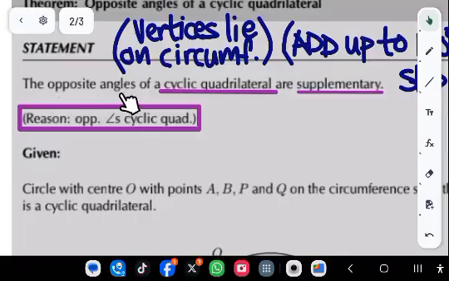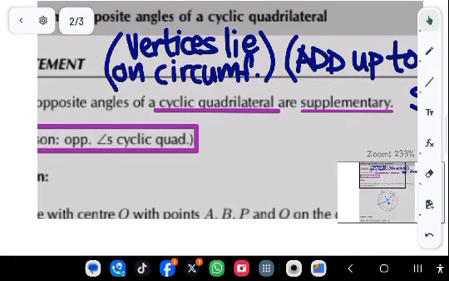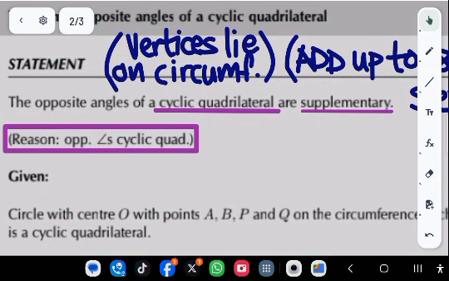So it says the opposite angles of a cyclic quadrilateral. Firstly, a cyclic quadrilateral is a quadrilateral, a four-sided shape, whose vertices, the corners, lie on the circumference of the circle. So all 4 vertices must lie on, must touch, the circumference of the circle.